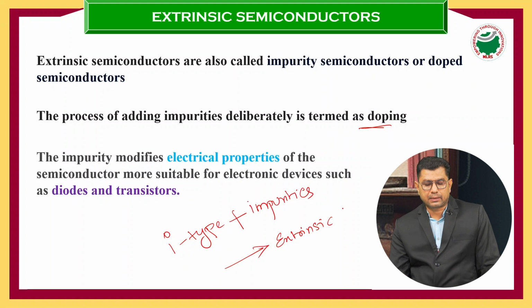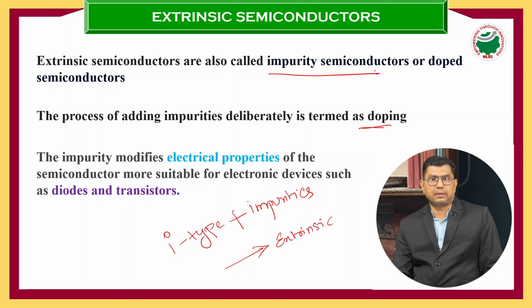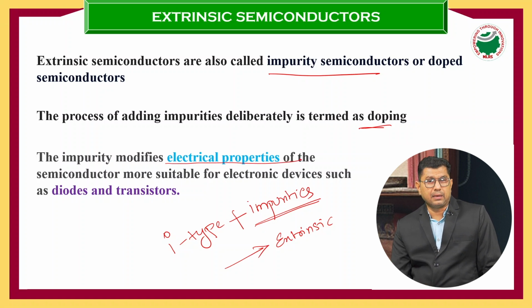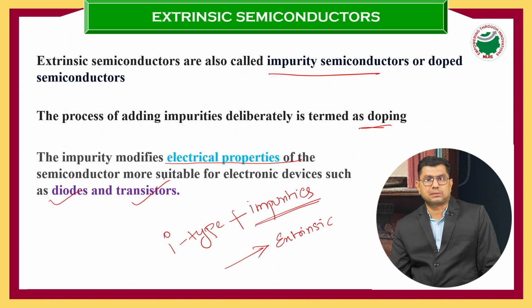Extrinsic semiconductors are also known as impurity semiconductors. We add impurities to alter the conductivity properties, so that we can make semiconductors suitable for electronic devices like diodes and transistors.